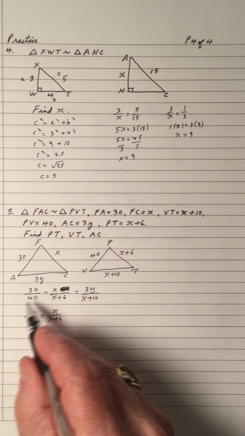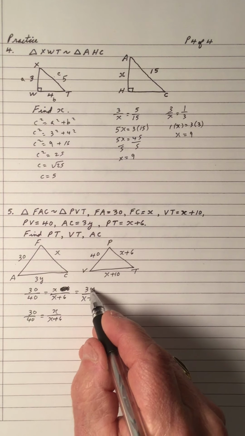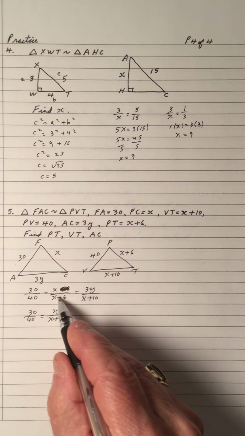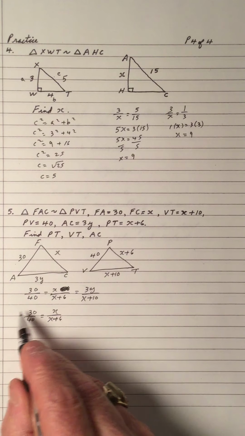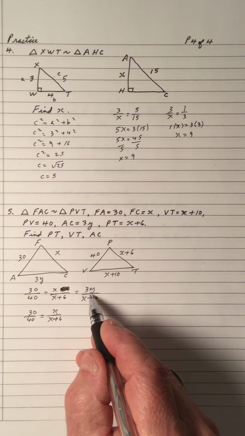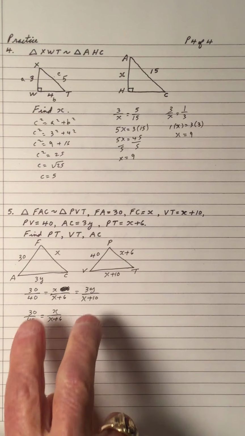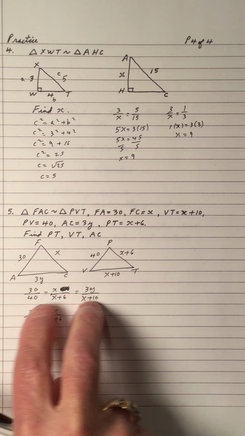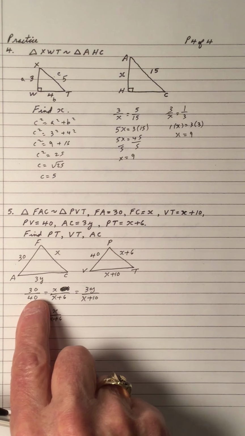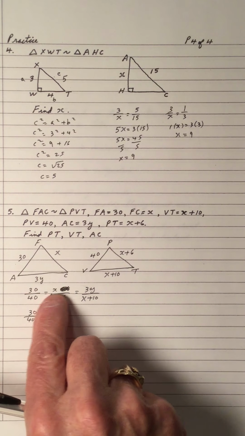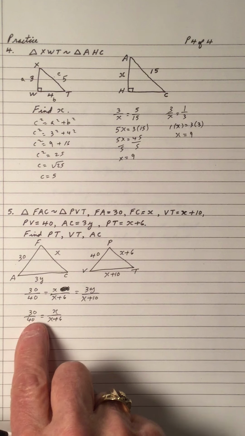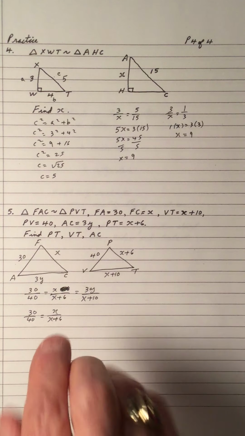We cannot do these two ratios here because we got X's and Y's. We can't put the two of these together because we have an X and a Y. So we have to do these two fraction ratios because they got X's and numbers, so we're able to find what X is.